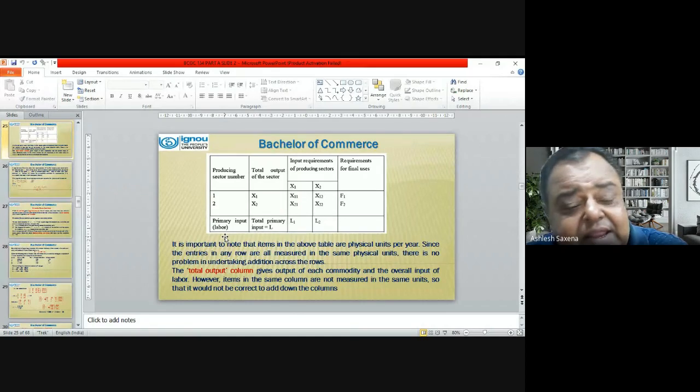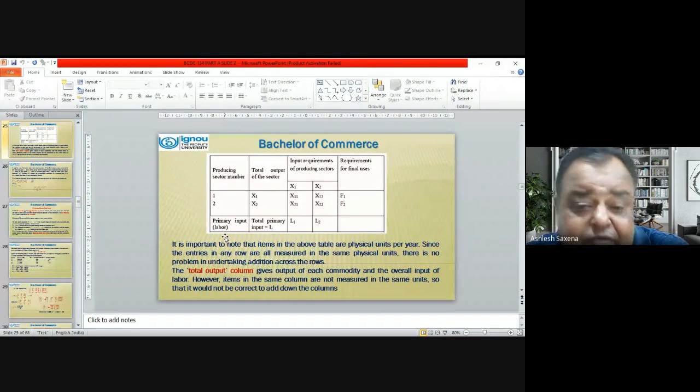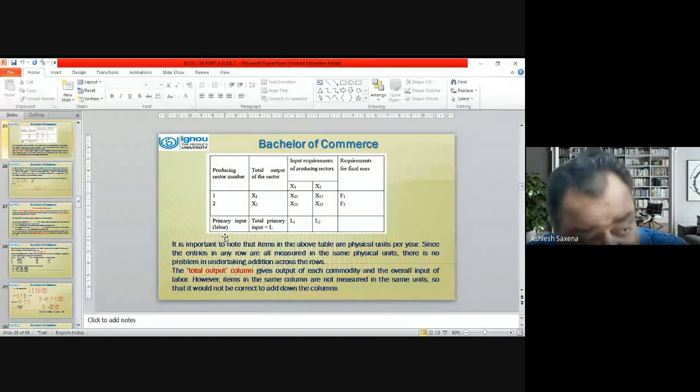And finally, in the last column, we will have requirements for final uses. So that is F1, F2. And we have to consider the labor also. In the respective producing sector, we will have L1 and L2, and your total primary input will be L. That means that total L will be equal to L1 plus L2.